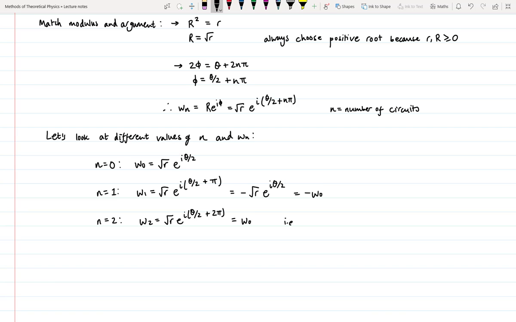In other words, when n equals 2, the complex number z has made 2 full rotations in the complex plane, and we've recovered the original value of the complex number w. I'll write that down. Going around twice means we're back to where we started.